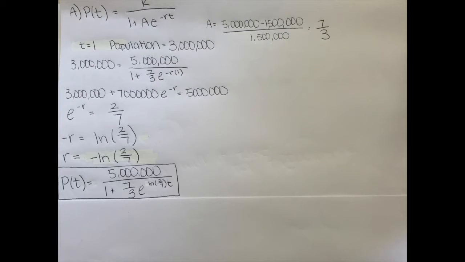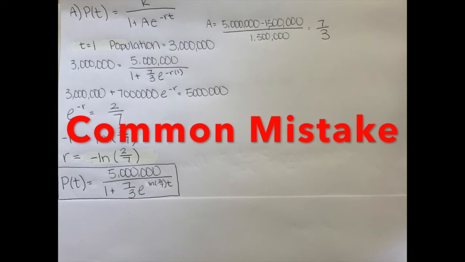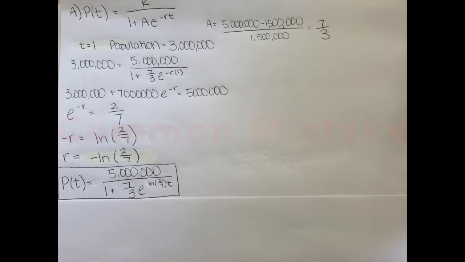So now plugging everything in, we get P of t equals 5 million over 1 plus 7 over 3 times e to the ln of 2 over 7 times t. One common mistake is putting a negative sign in front of the ln. However, you have to remember that e is being raised to the negative rt power.